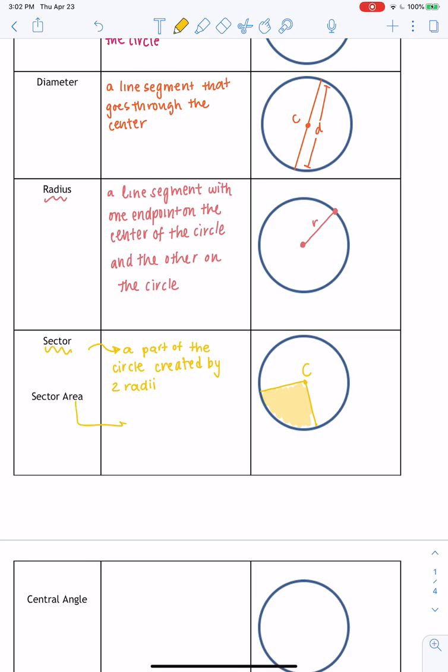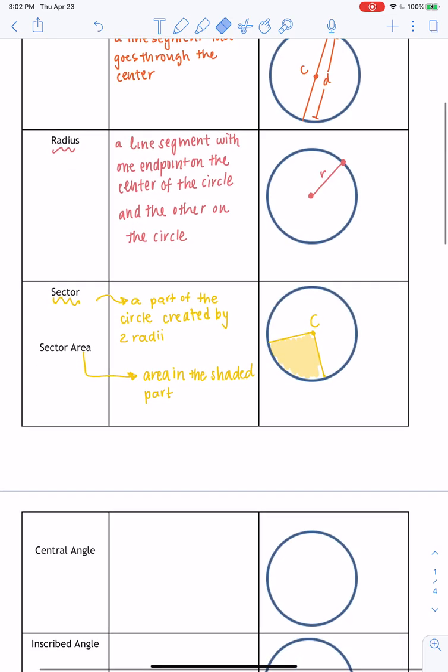And the sector area is the area in the shaded portion, shaded part. So we're going to learn how to find sector area in the next video.